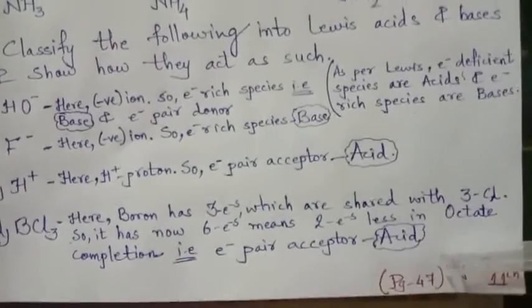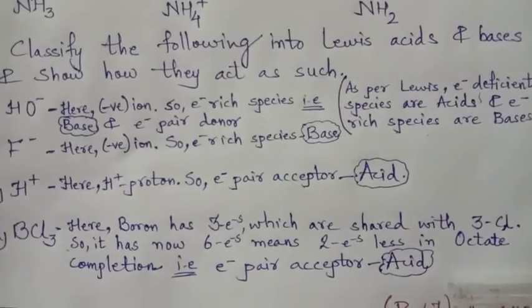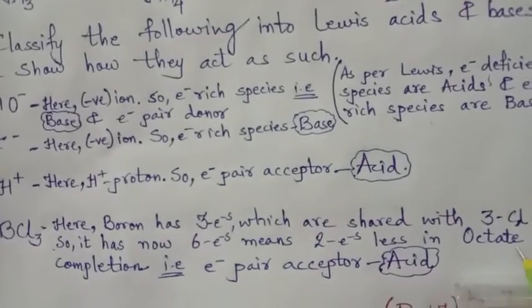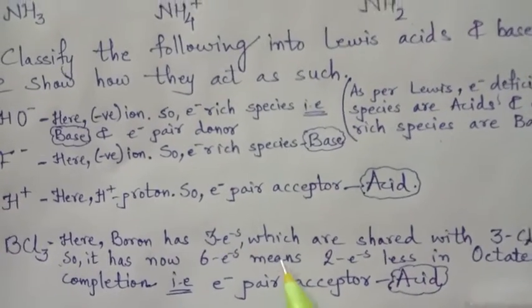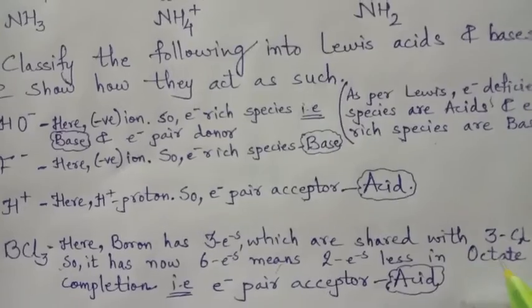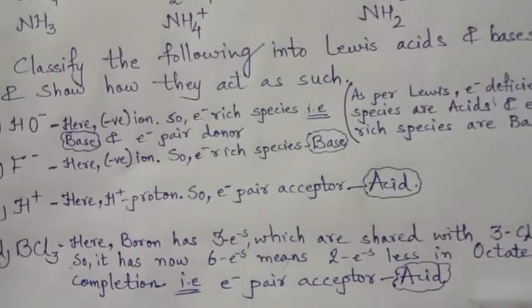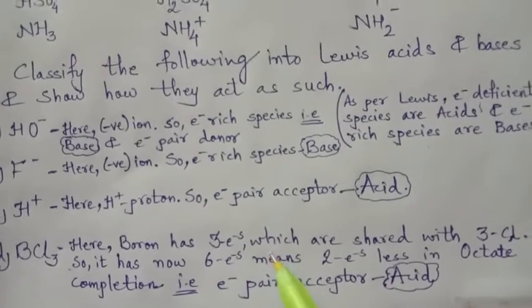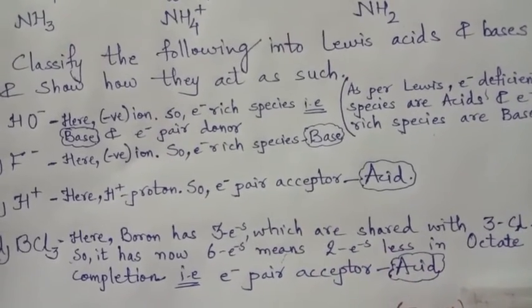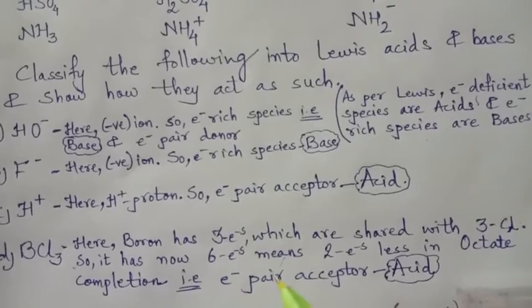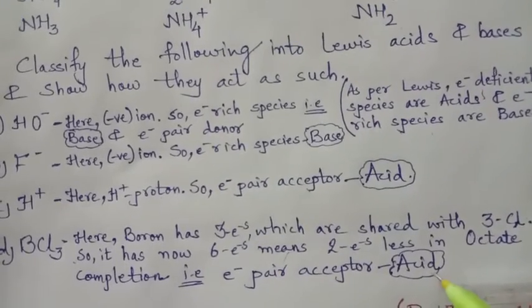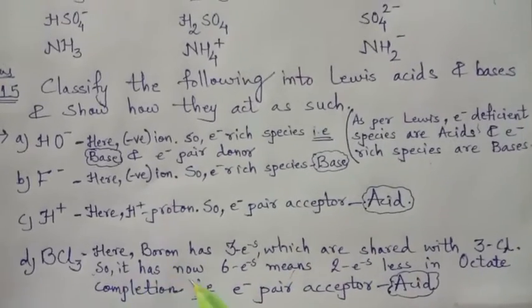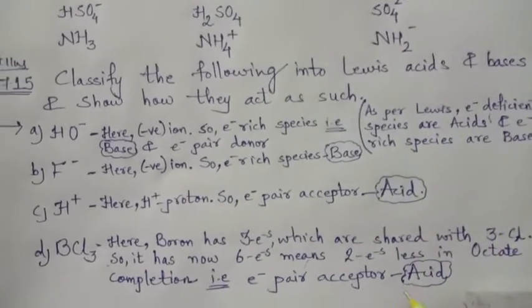If the octet is not complete, 2 more electrons are needed, which means 2 electrons to accept. If it has to accept 2 electrons, then it is also an acid. So BCl3 reacts as a Lewis acid.